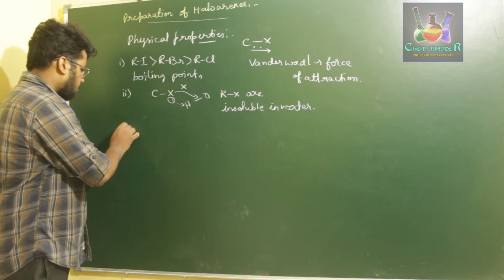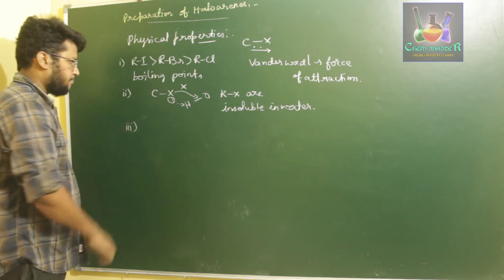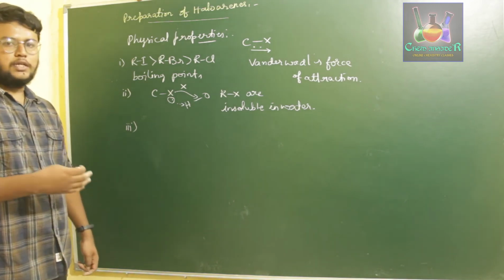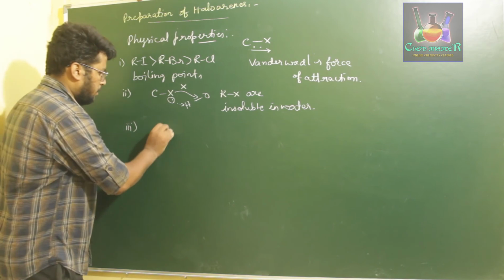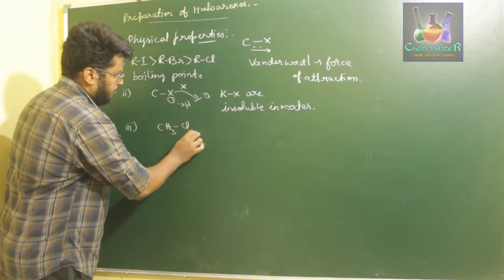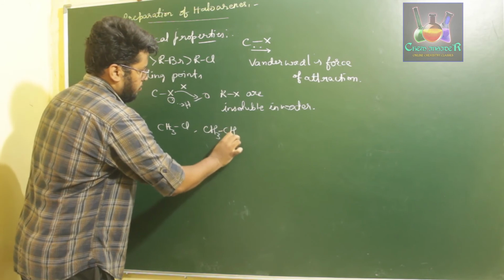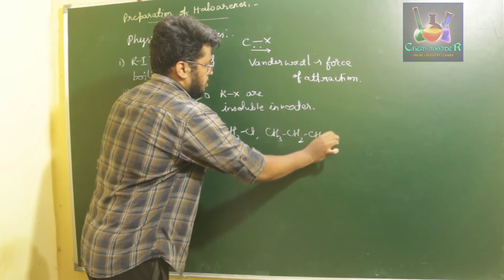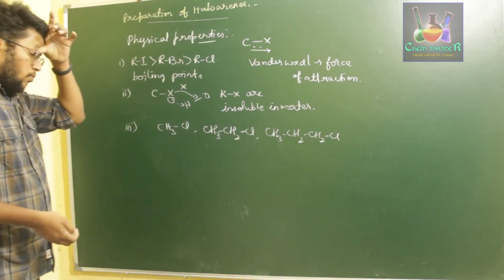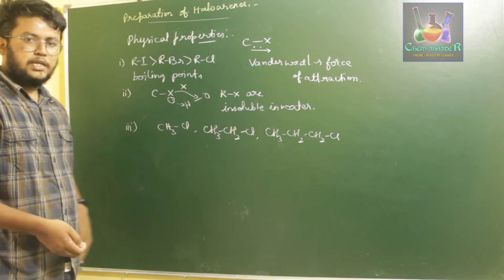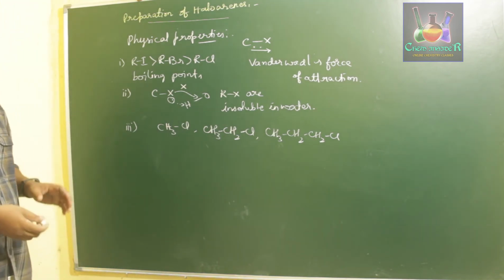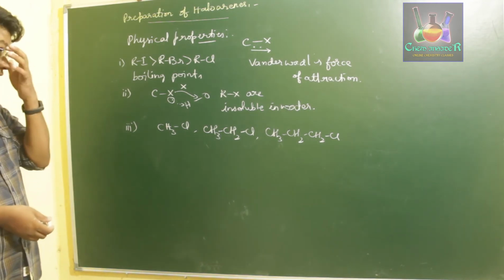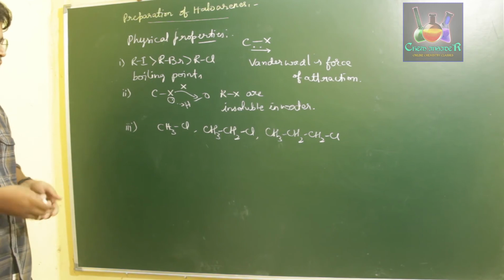Next point is, what if we have multiple carbon atoms present in a haloalkane, that is, with an increase in carbon atoms of a chain? Let us say an example: CH3Cl, CH3CH2Cl, CH3CH2CH2Cl. What we observe is, with the increasing number of carbon atoms in the chain of a similar alkyl halide, the boiling point increases.